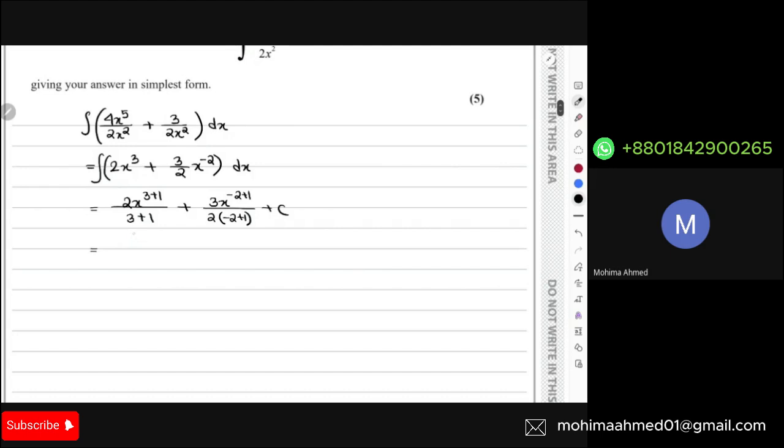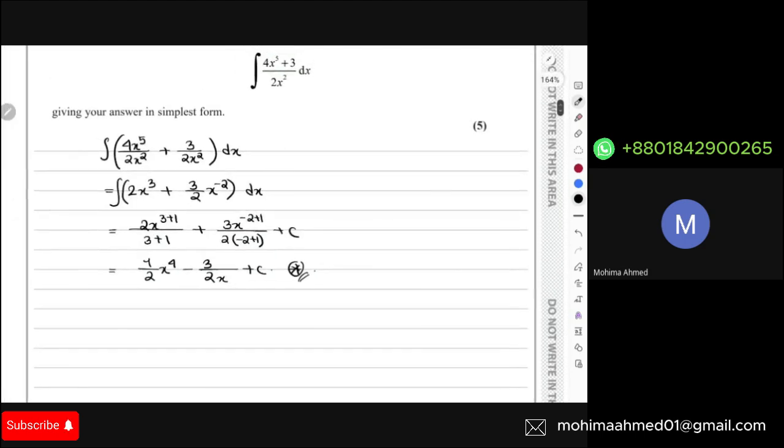So we get 2 divided by 4, which is just going to be half x power 4, and then again this one is going to be what? Minus 2 plus 1 is just minus 1, so this one becomes minus 3 over 2 x power minus 1. That means obviously it belongs to the denominator, and this is your final answer, right? 1 by 2 x power 4 minus 3 by 2x plus c.